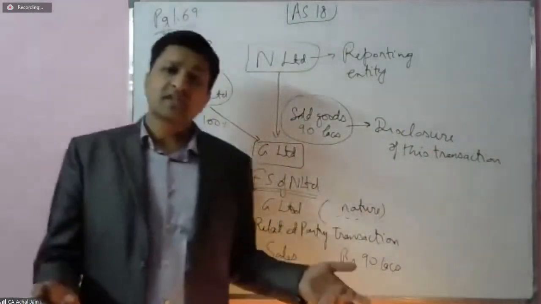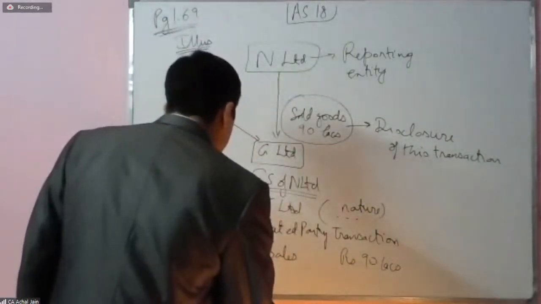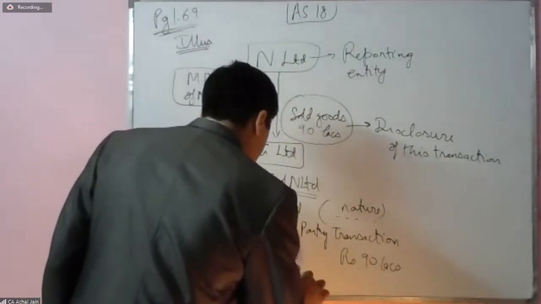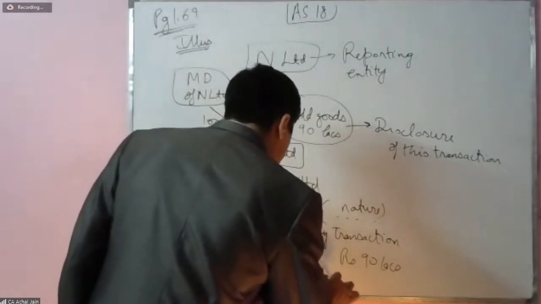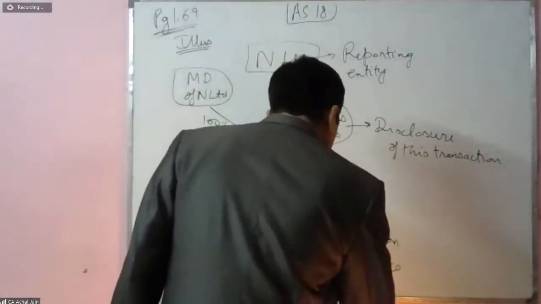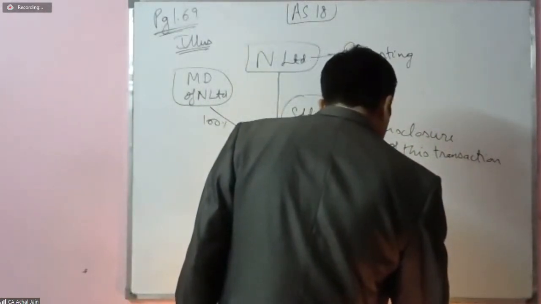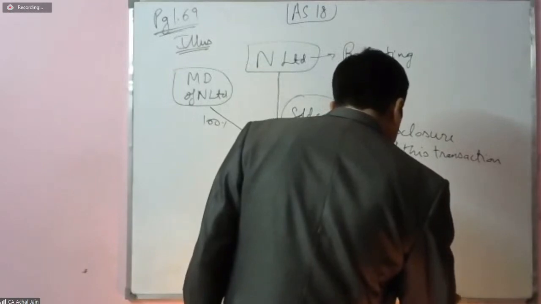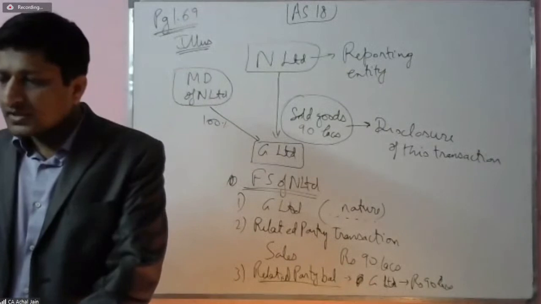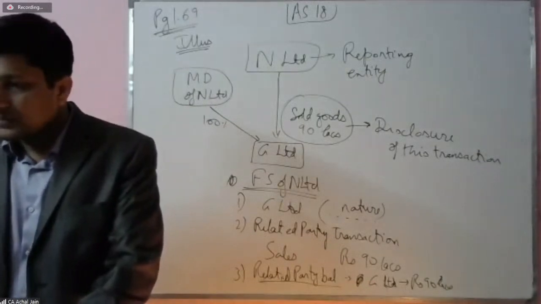So let's assume nothing is collected. So if nothing is collected, then the next disclosure will be related party balance. That will be again G Limited, rupees 90 lakhs. To the next standard, I can see a couple of queries in between which I missed.